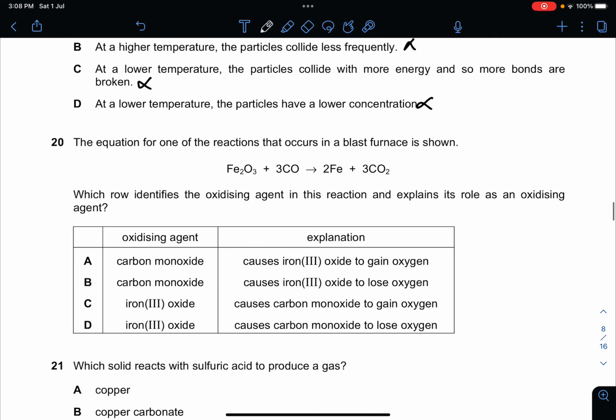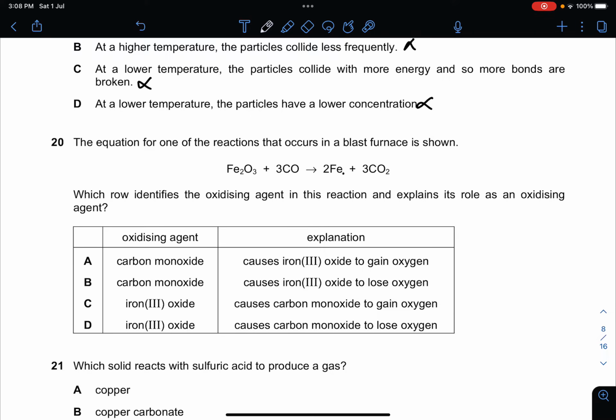Okay. The equation for one of the reactions that occur in the blast furnace is shown. Which row identifies the oxidizing agent in this reaction, explaining its role as an oxidizing agent? So, oxidizing agent means that it oxidizes another but it reduces itself. So, let's see. Okay, this oxidizes, but then it reduces. It reduces to Fe.